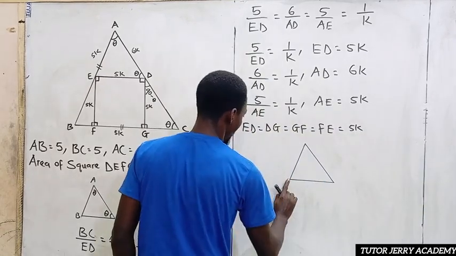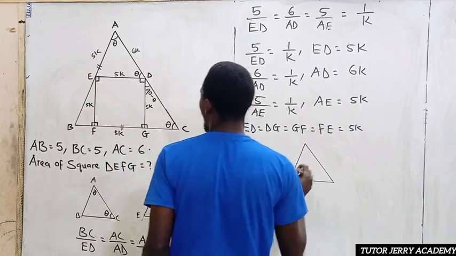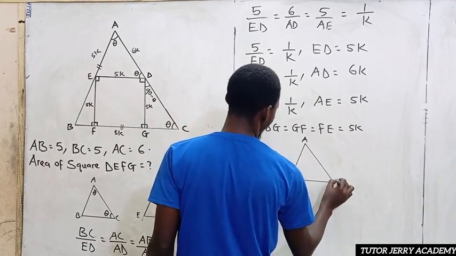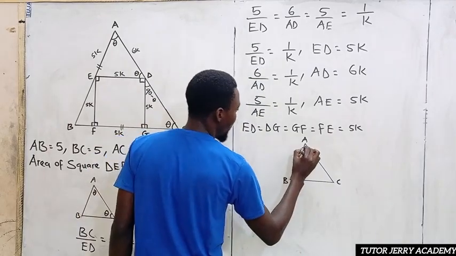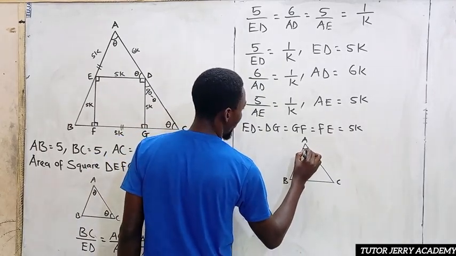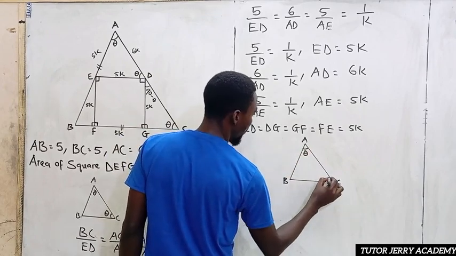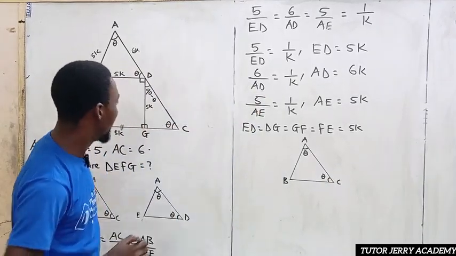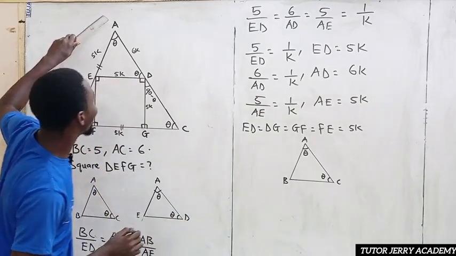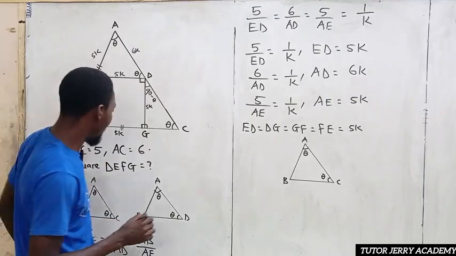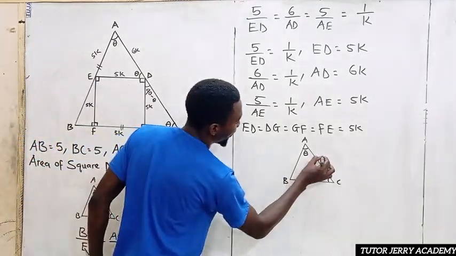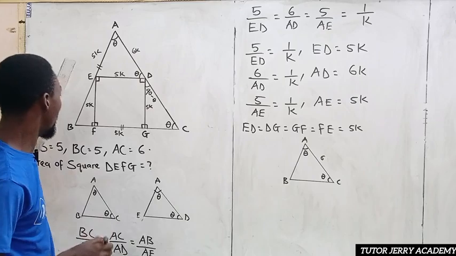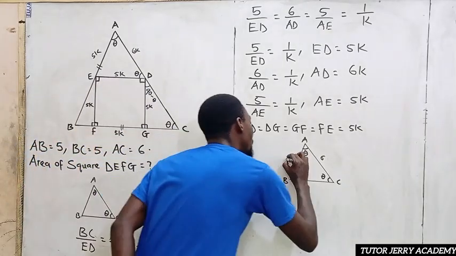We have A, B, and C. You can see that here we have theta, and we also have C here to be theta. And we are given that AC is 6, so here is going to be 6. And then we are given AB to be 5, so here is going to be 5.